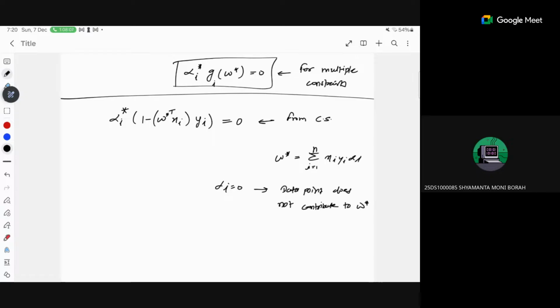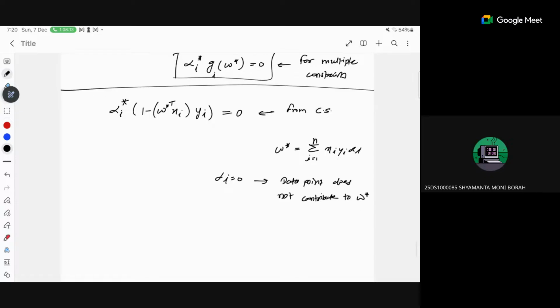Then I need to see which points actually are able to contribute to w star, because alpha i star has to be greater than or equal to 0. So for all data points where alpha equals 0, it does not contribute.